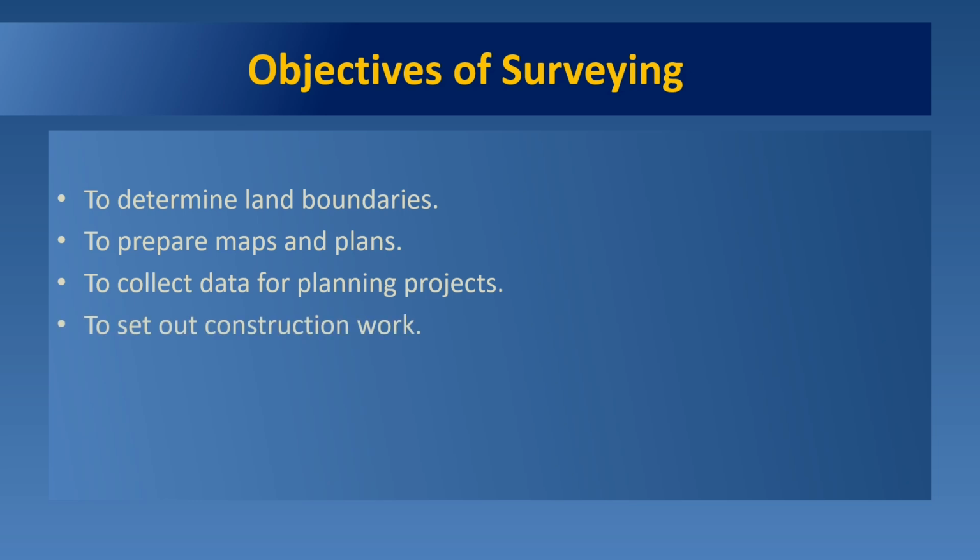Fourth, it helps us set out the actual locations of structures. Think about placing a foundation exactly where it should be. And finally, it's used to monitor the movement or deformation of structures like dams, bridges, or high rise buildings.